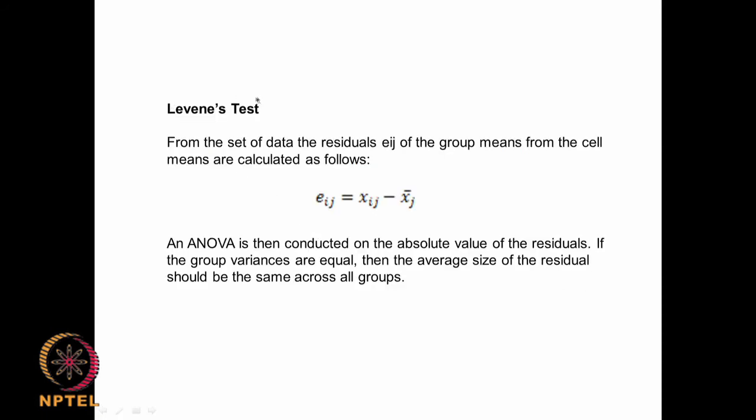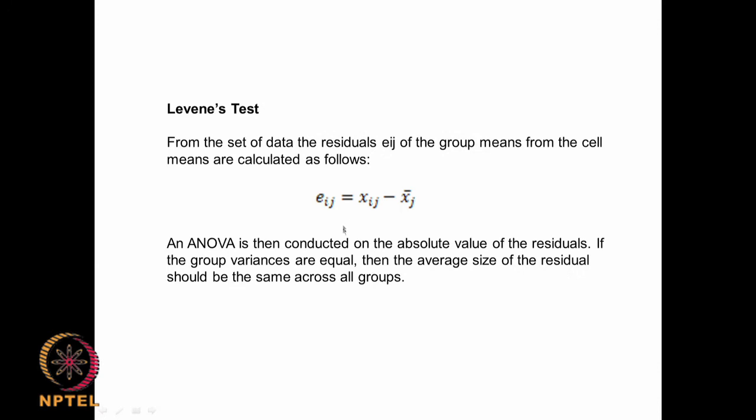Okay, then you have Levene's test. So, what you do is you have a set of data, you calculate the residuals from the group means. So, if you have the group mean, then you subtract it from each one of the cells, you get the residual. So, once you get the residual, you perform an ANOVA on those residuals. Of course, you take the absolute value of the residuals. If the group variances are equal, then the average size of the residual should be the same across all groups.